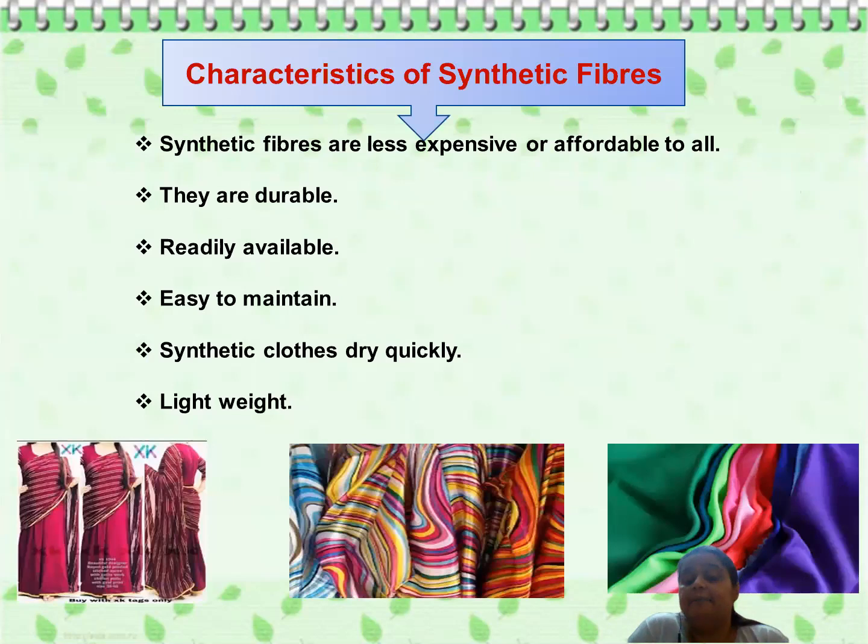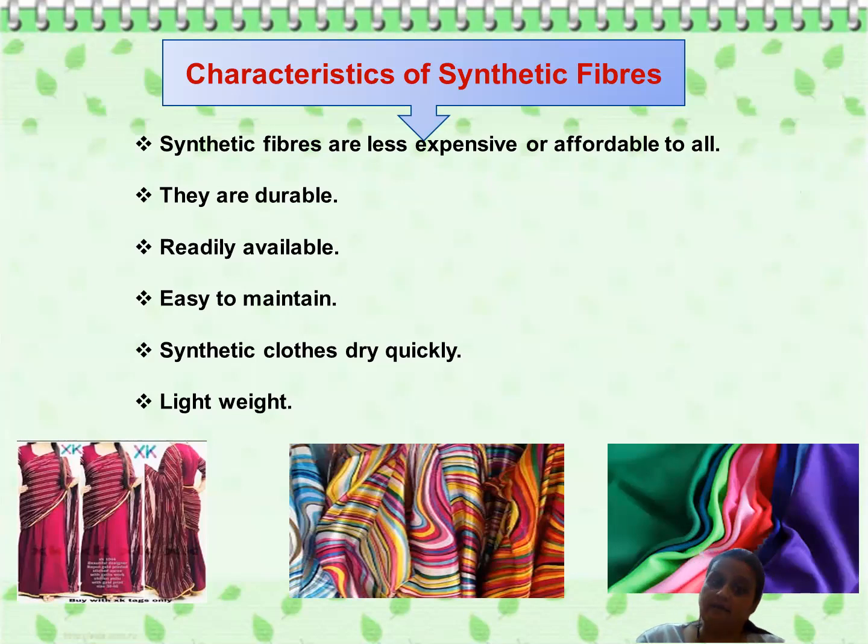Characteristics of synthetic fiber. Now, what are the general things that all synthetic fibers have in common? They are less expensive and affordable to all, right? If you compare the cost of synthetic with the natural one, the natural is costly, and synthetic fibers are comparatively cheaper.